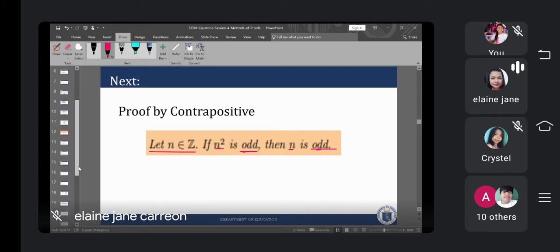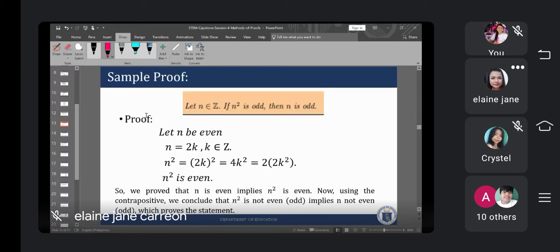So, let's have the proof. By proving by contrapositive, we have this proof. Let n be even. Ano kasi si n? Sabi add, di ba? Dito, anong ginawa natin?